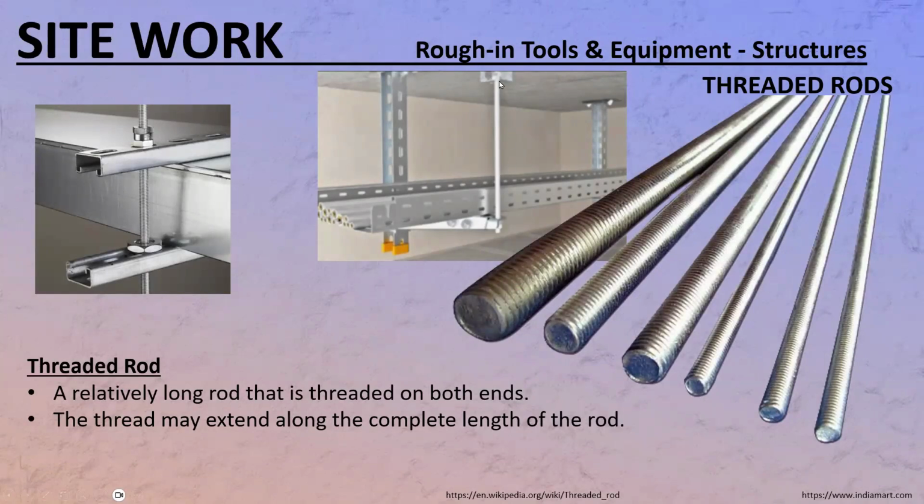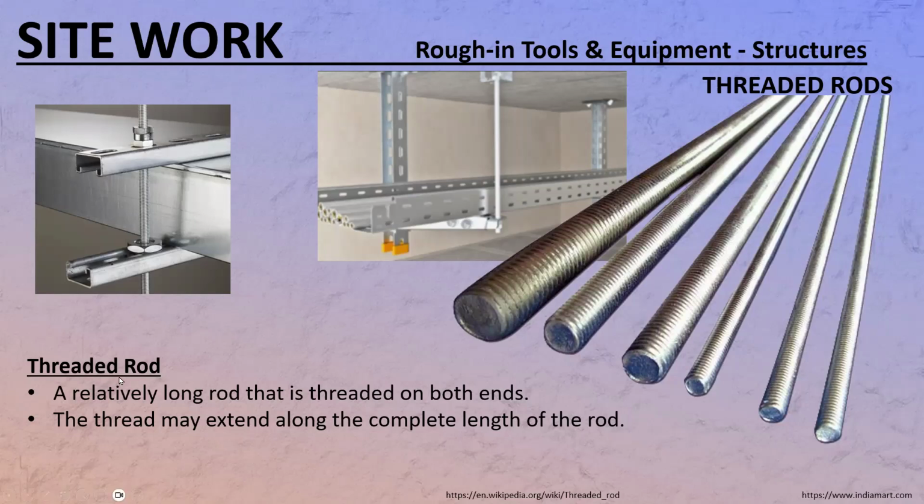You mount this threaded rod in the ceiling, and because it has a thread all the way through, you can cut it to length, and you can mount other structures. Well, sky is the limit as far as the imagination of what you can do with that. Mostly they are used for air ducts, or in our case, to mount the cabling structure.